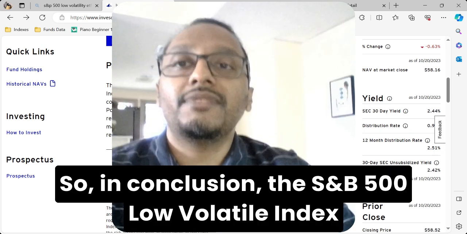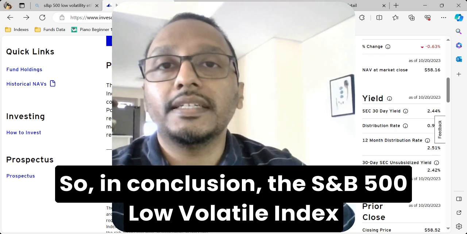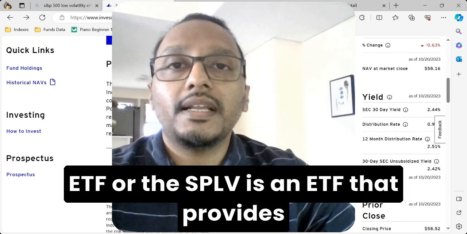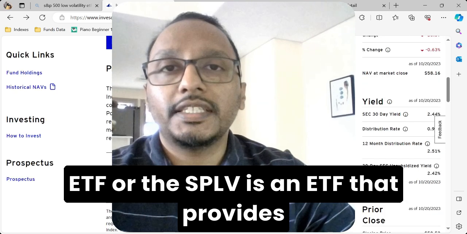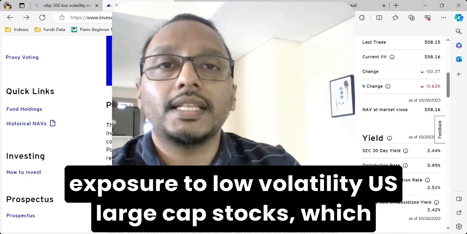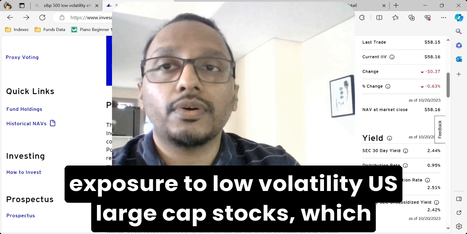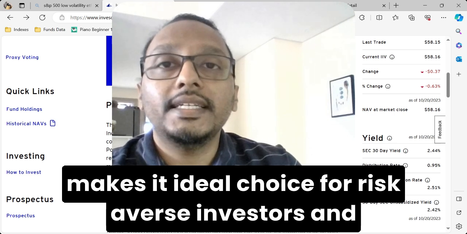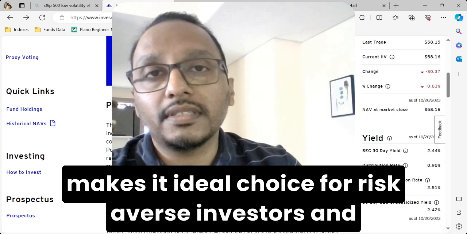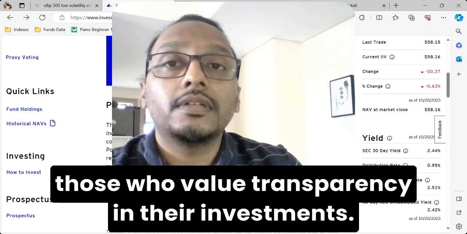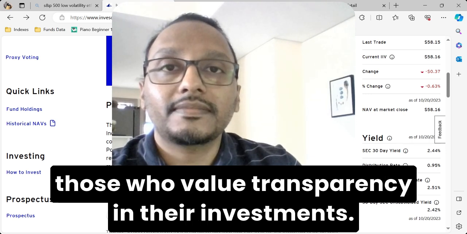So in conclusion, the S&P 500 Low Volatility Index ETF, or the SPLV, is an ETF that provides exposure to low volatility US large-cap stocks, which makes it an ideal choice for risk-averse investors and those who value transparency in their investments.